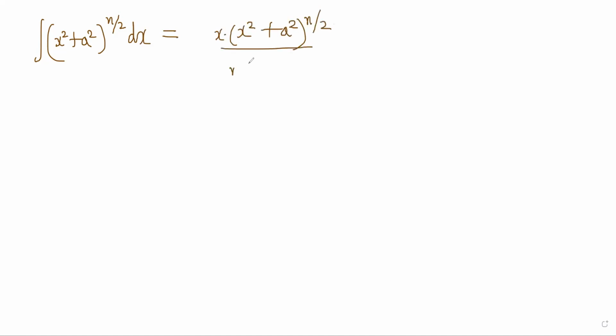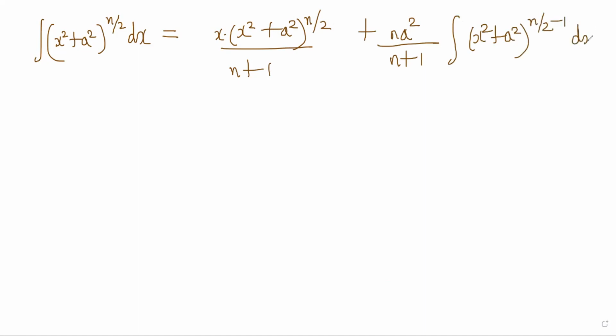So we have the integral of (x² + a²)^(n/2) dx coming out to be x into (x² + a²)^(n/2), this is your p term, divided by n + 1 because there was n + 1 here, plus na²/(n + 1) times the integral of (x² + a²)^(n/2 − 1) dx, right? So this is now doable.